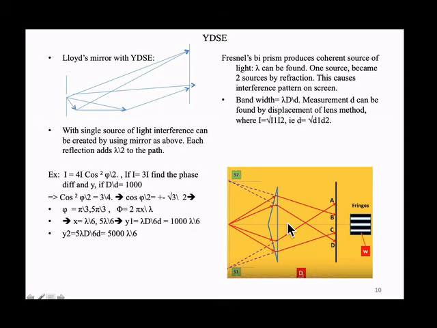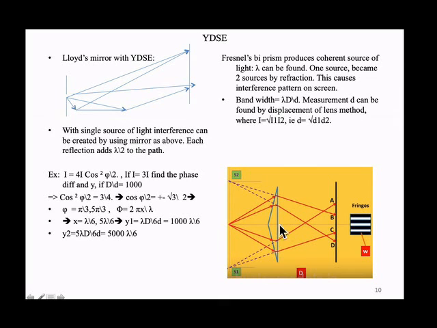Similarly, on the other side, by refraction it goes from this point to this point, so it is as if another source is here. So with one source, by the arrangement of Fresnel's biprism, I have two sources, and they form an interference pattern here, with bright and dark fringes.